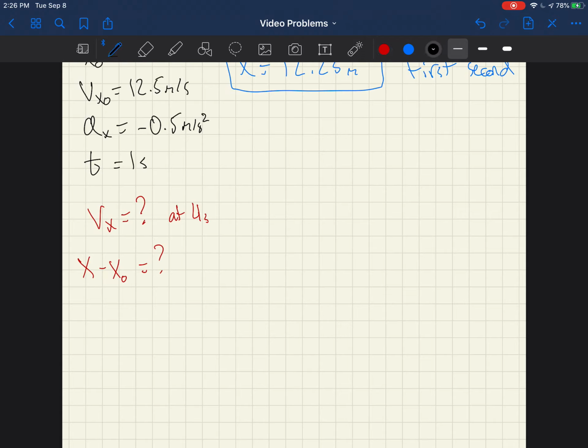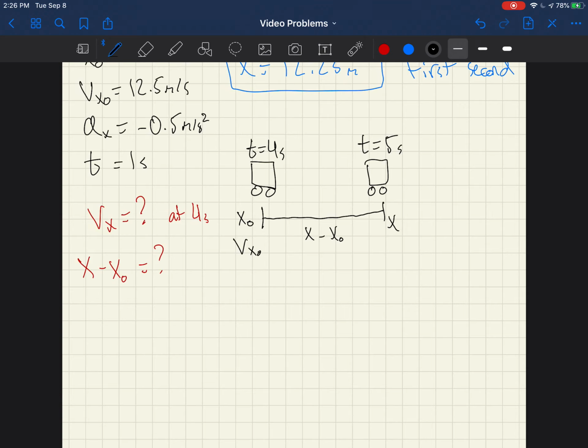So let's just draw this out to make it clear. So at some point, this initial position of the car at t equals 4 seconds, we also need to know the initial velocity at 4 seconds so that we can figure out this distance here between the 4th and 5th seconds of motion.